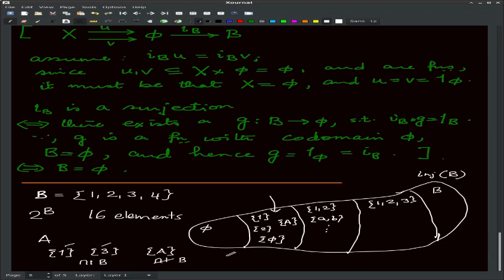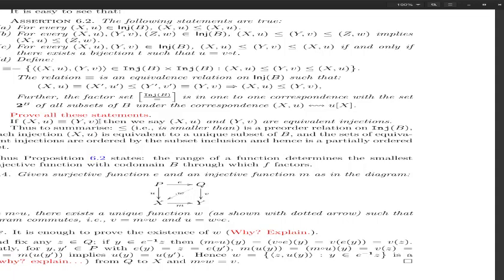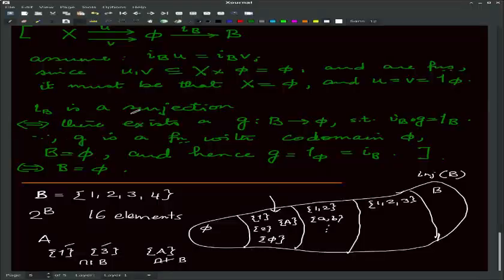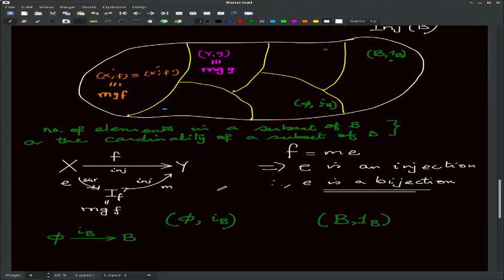Okay. So that's essentially what I wanted to say: the factor set is in 1-to-1 correspondence with the set of all subsets. So what is the correspondence? That's exactly what I did over here.